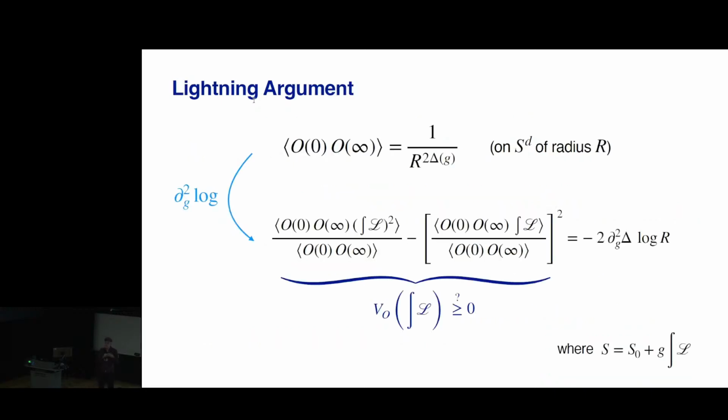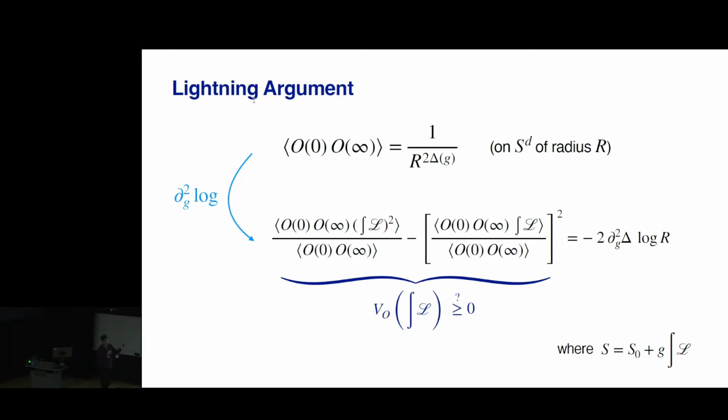But let me try and give a very fast argument why you should believe this statement. So let's consider a two-point function of this lightest scalar O, with dimension delta, on the sphere of radius r. I take the log of this quantity, and I take two derivatives with respect to a marginal coupling g. Here I'm just focusing on a single marginal coupling, which couples to some marginal operator, but this argument can be applied with multiple marginal couplings.